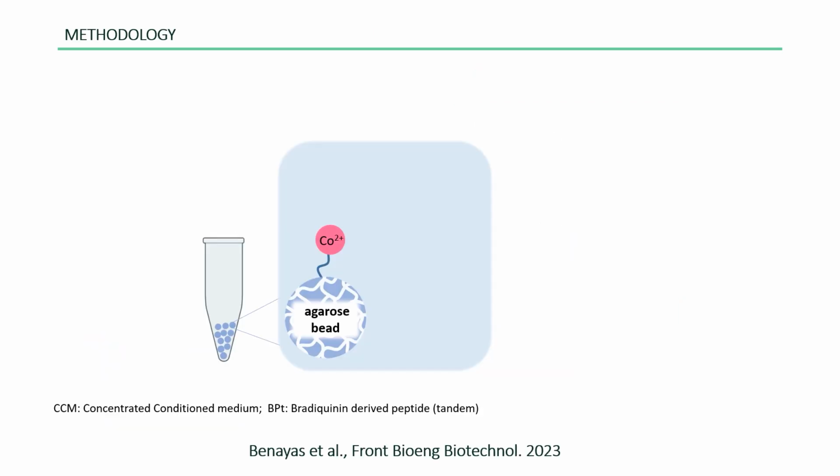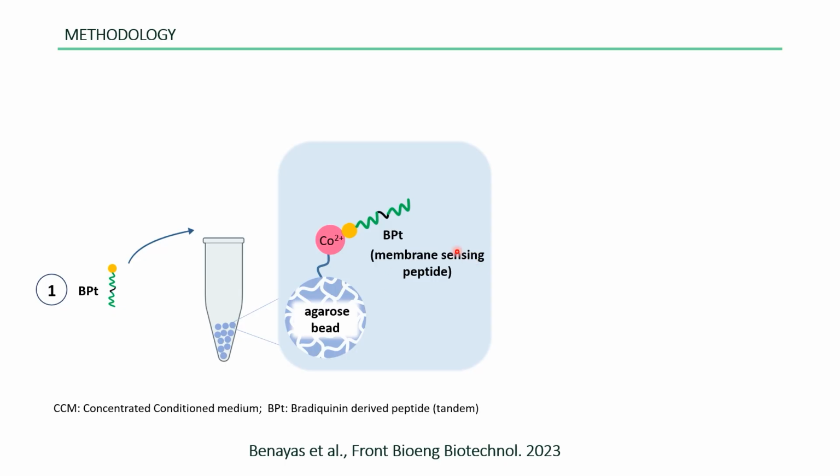So our scheme was to use, again, agarose resins with different cations that could bind to a polyhistidine tag that we hook to the membrane-sensing peptide.